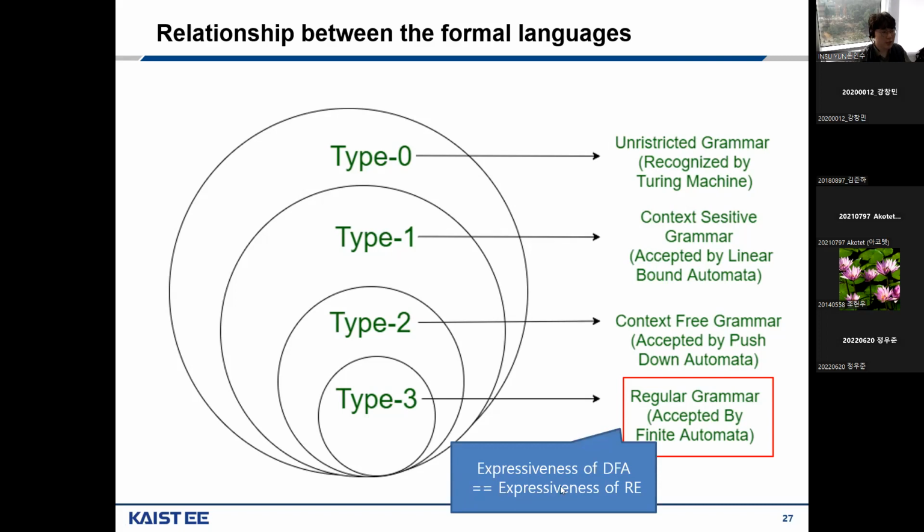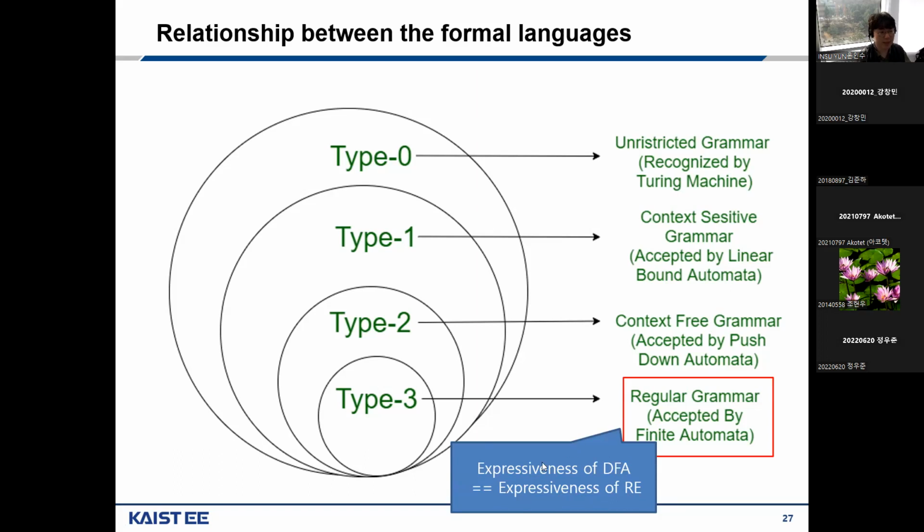The expressiveness of regular expressions is equal to the expressiveness of the DFA. I believe if you are taking EE209, you have heard about the DFA, and I believe you have made those. The expressiveness of the DFA is equal to that of the regular expression, which means that if there is something you can represent with a DFA, there should be some regular expression with the same meaning.